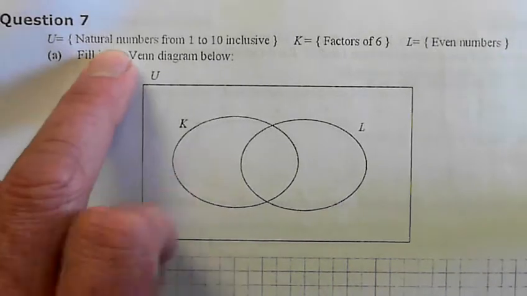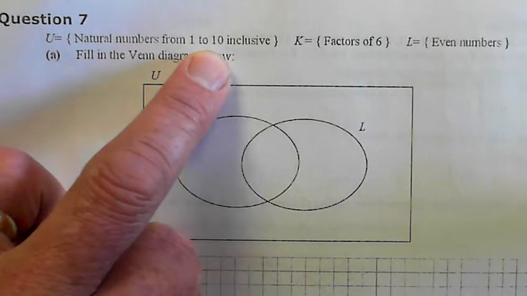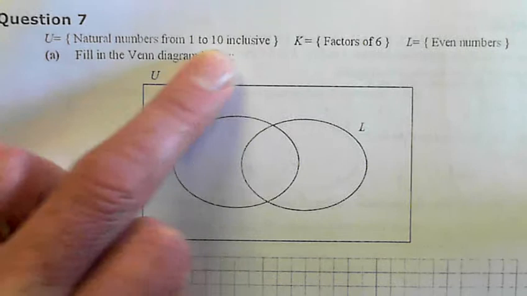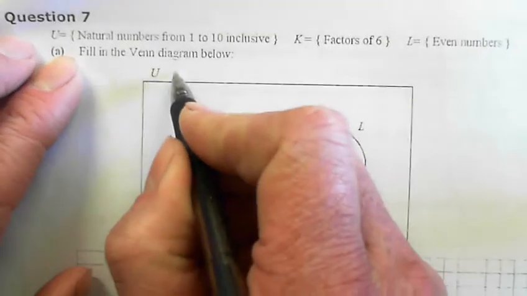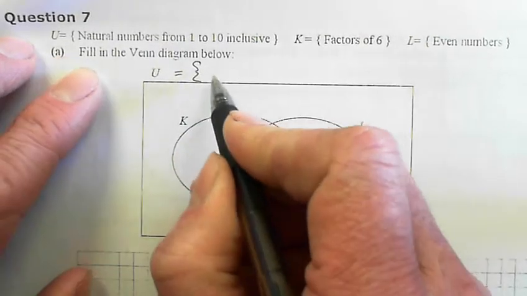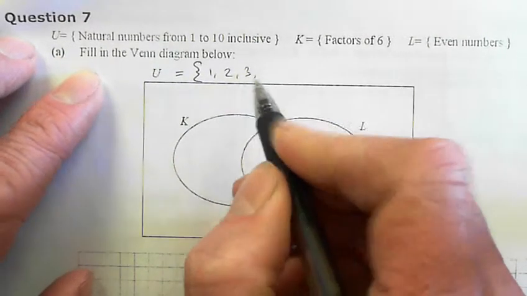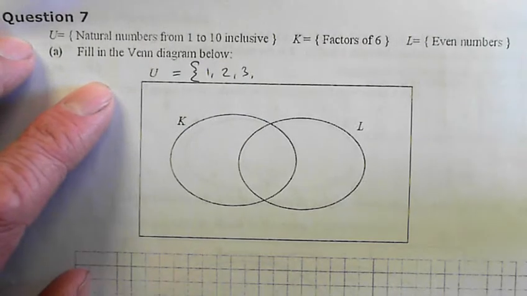Right, question 7. The natural numbers from 1 to 10 inclusive. So U is the numbers from 1 to 10. So 1 to 10 inclusive means every one.